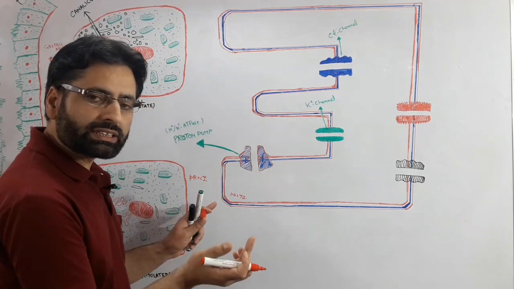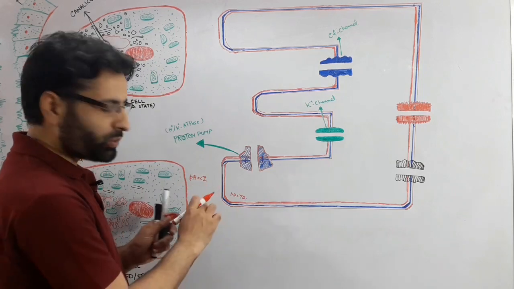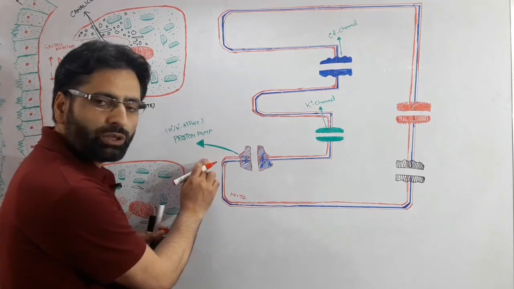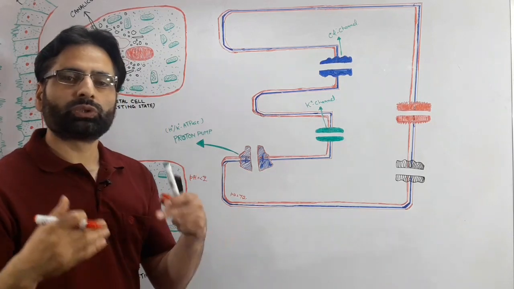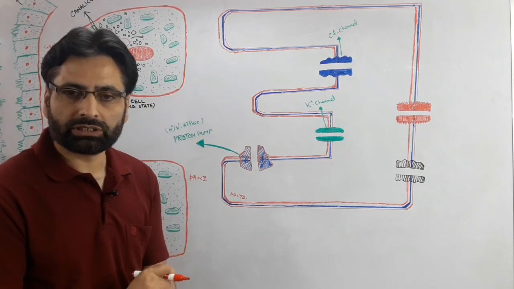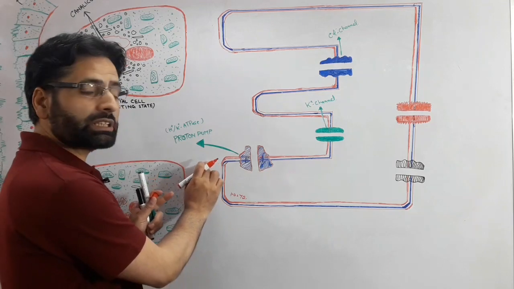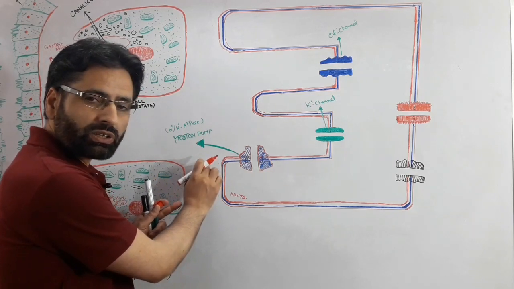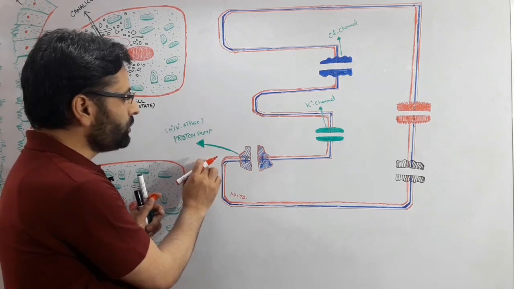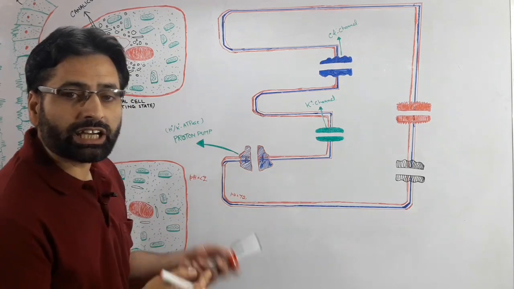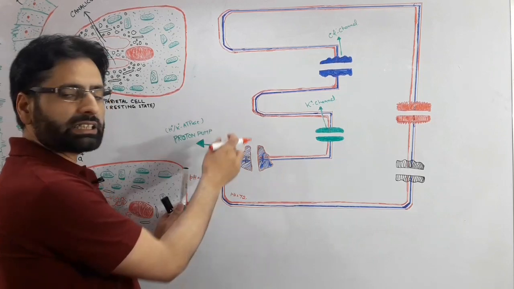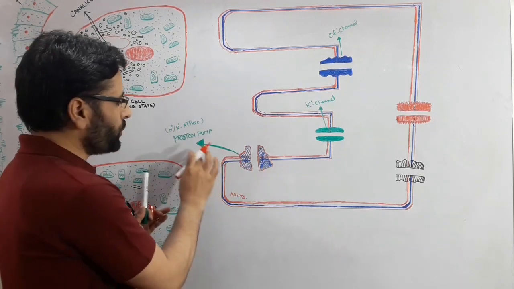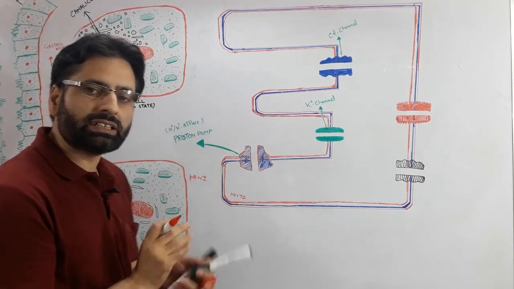So the difference in the concentration of hydrogen ions between the luminal side and the cytoplasmic side is about 2 to 3 million times. That is, the concentration of hydrogen ions is 2 to 3 million times higher on the luminal side than on the cytoplasmic side.